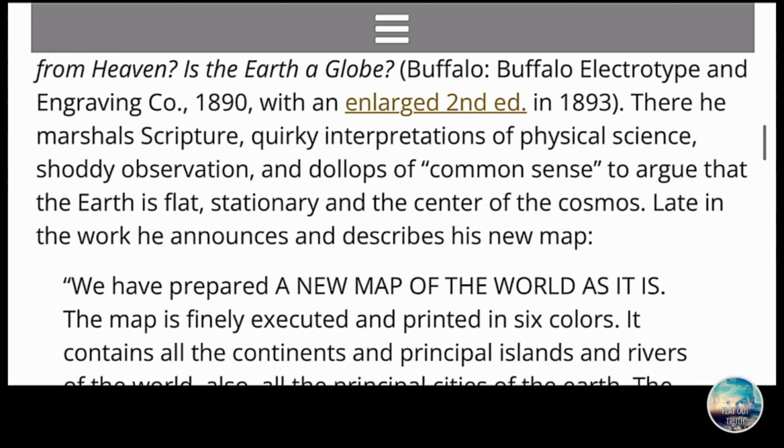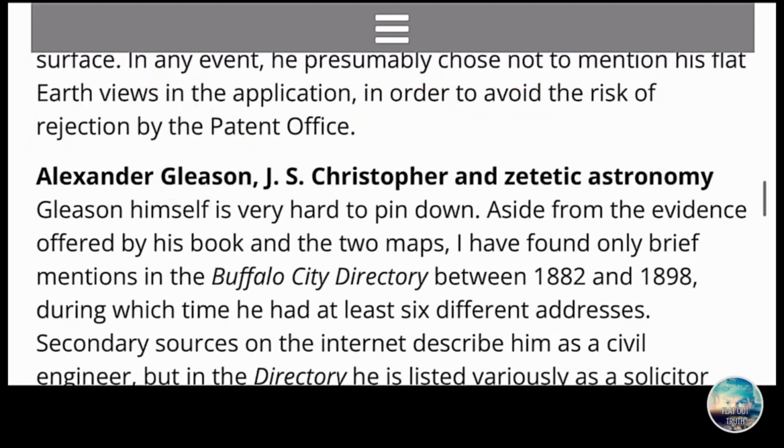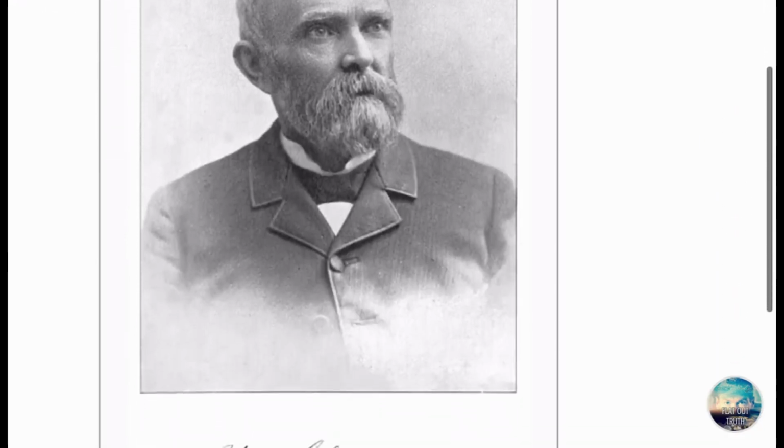And here he's just explaining the colors of the map, what all it contains, the continents, the islands, the rivers, and whatnot. But what we want to do is stroll down to here, and it says, in any event, he presumably chose not to mention his flat earth views in the application in order to avoid the risk of rejection by the patent office.